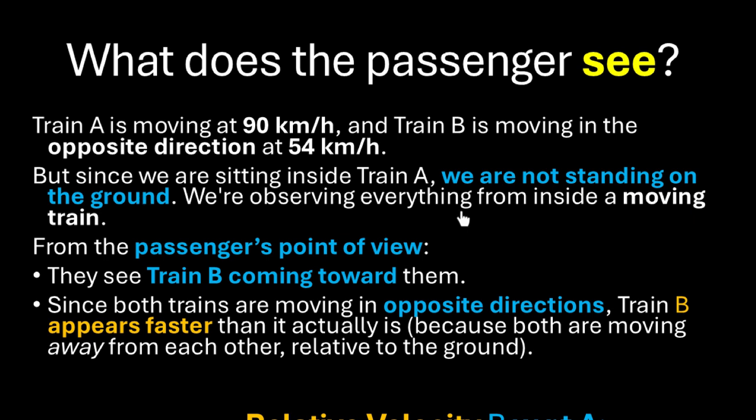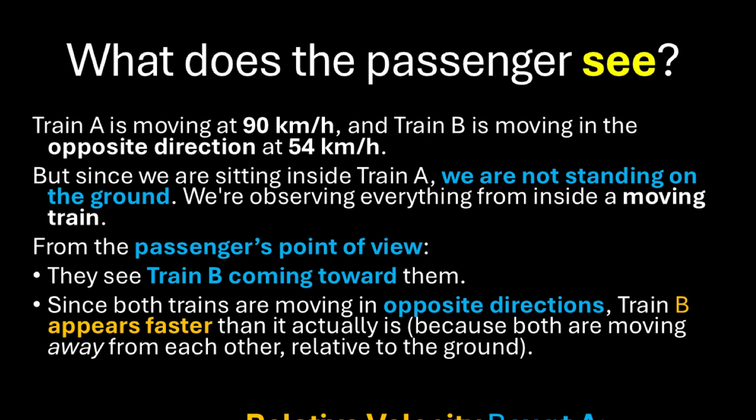We are observing everything from inside a moving train. The camera is now placed within train A. From the passenger's point of view, train B is coming towards them. Since both trains are moving in opposite directions, train B appears faster than it actually is because both are moving away from each other relative to the ground.